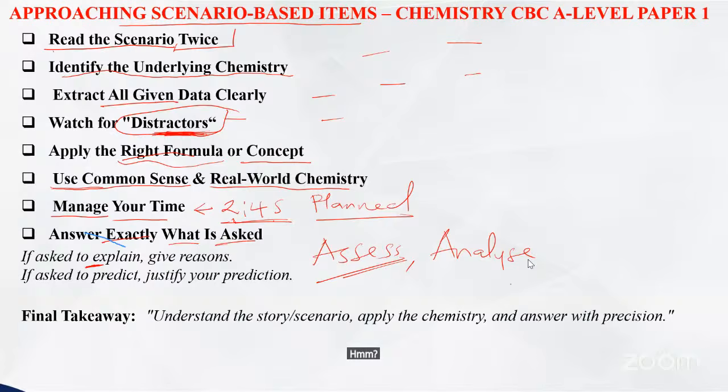Which other one can we use apart from analyze? They can use the word justify. Now, when they say justify, can you just identify a point? Surely no. When they say justify, give your point and give a reason for the response that you are giving.